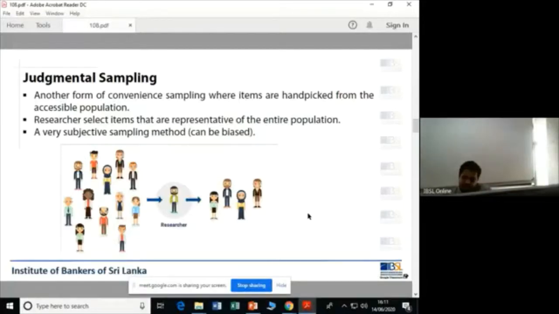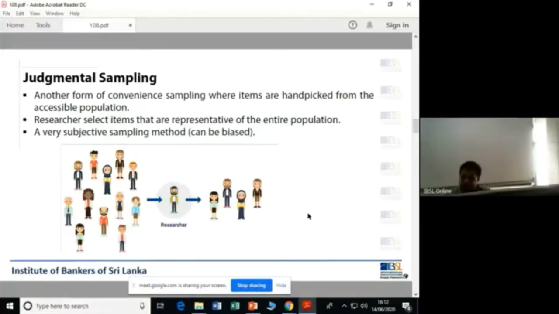Now the difference is in convenience sampling, you access the data points that are of your convenience or accessibility. Here, you tend to handpick certain selections or data points from your accessible population based on some educated guesses.